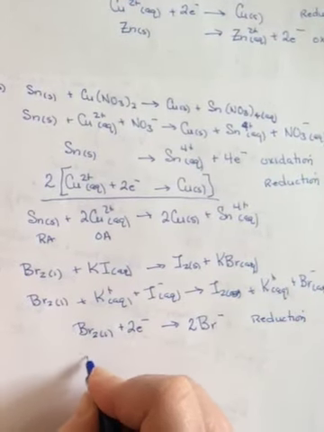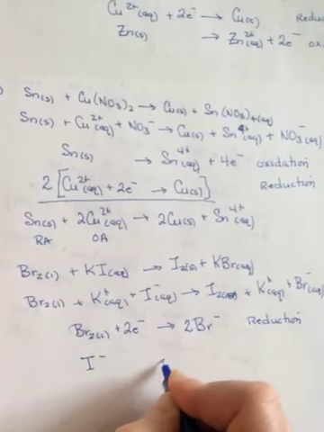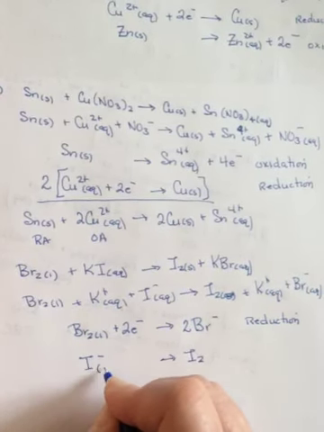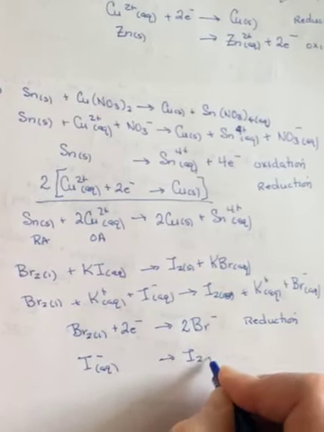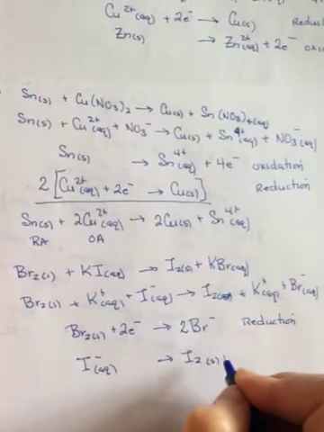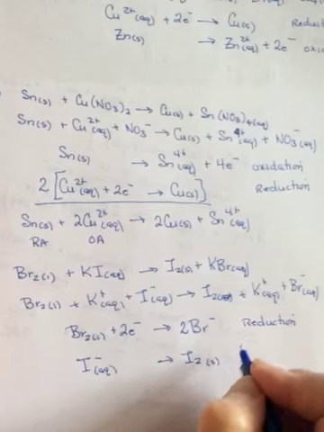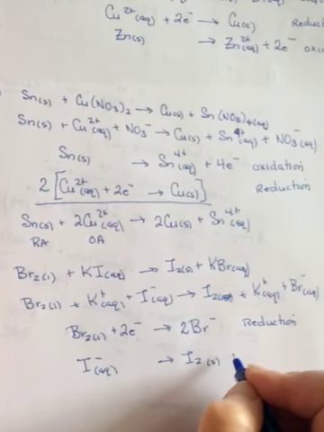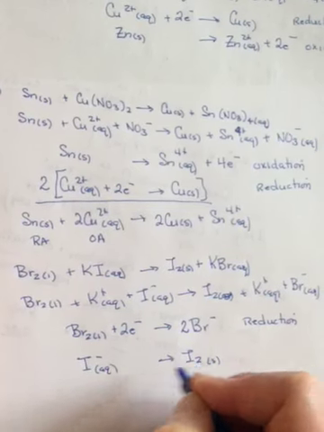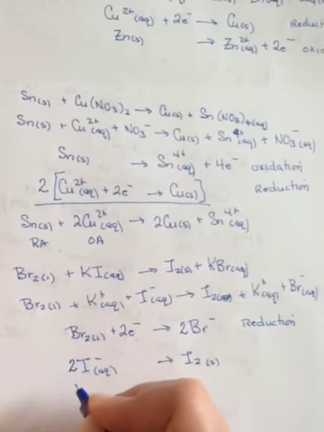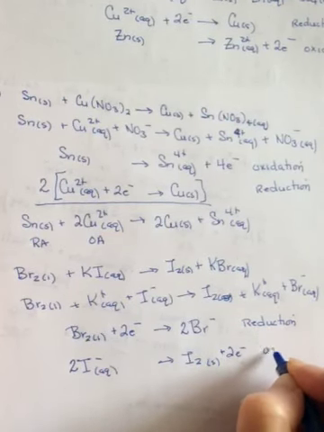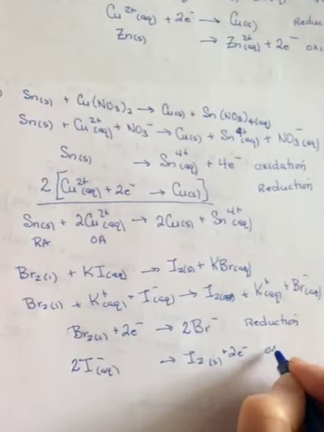Now I look at my I, so it's I negative aqueous going to I2 solid. Which one do I need to add electrons to? Have to add them to the product side, so that I'll end up with a negative. But wait, I have 2 I's, I only have 1 I. I need to put a 2 here, and now I'm going to add 2 electrons. This guy is losing electrons then, right?